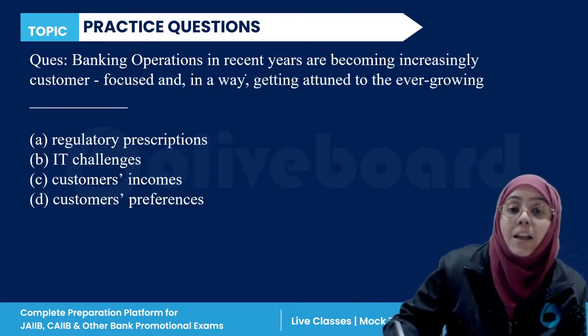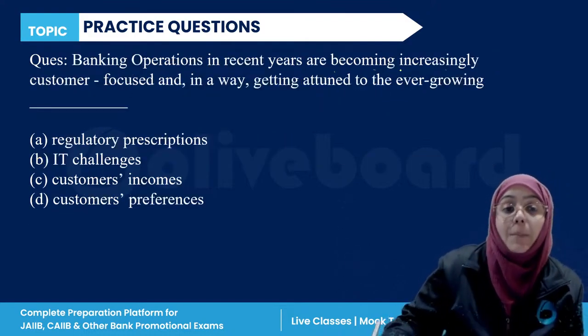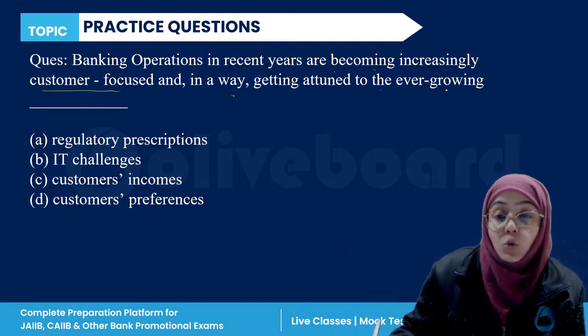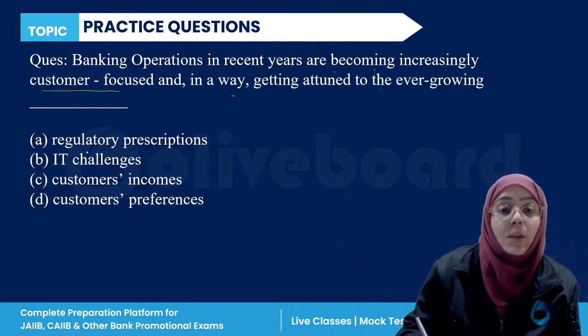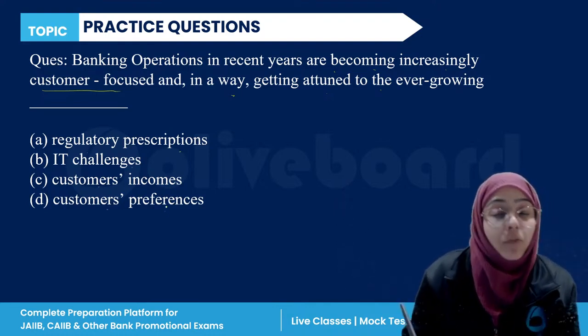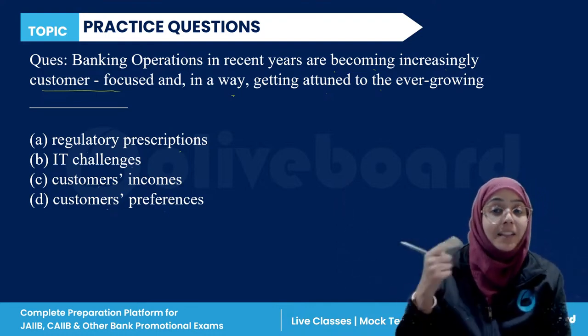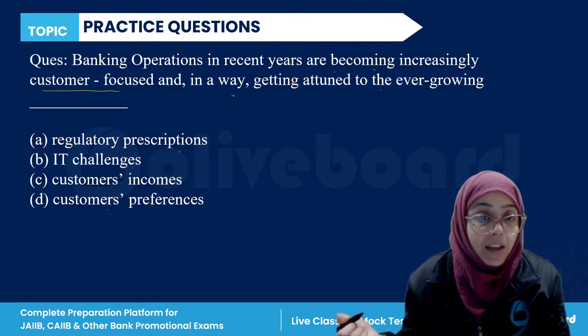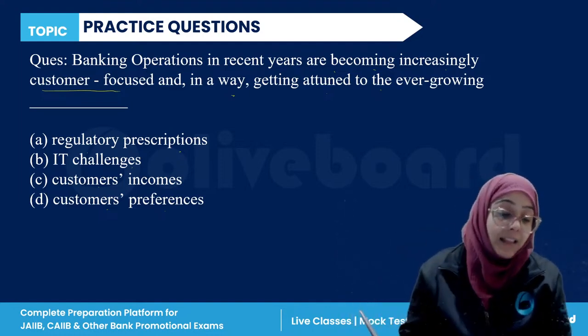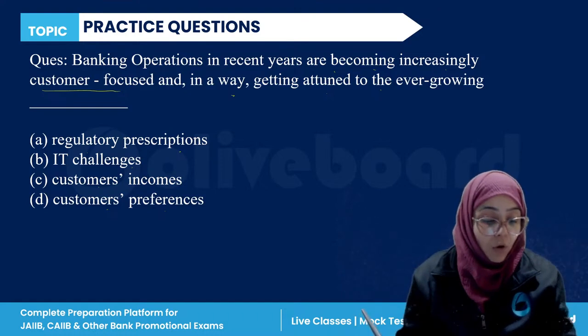Next, banking operations in recent years have become increasingly customer focused, in a way getting attuned to ever growing what? Regulatory prescription, IT challenges, customers' income or preferences. Why are banking operations becoming more customer focused?